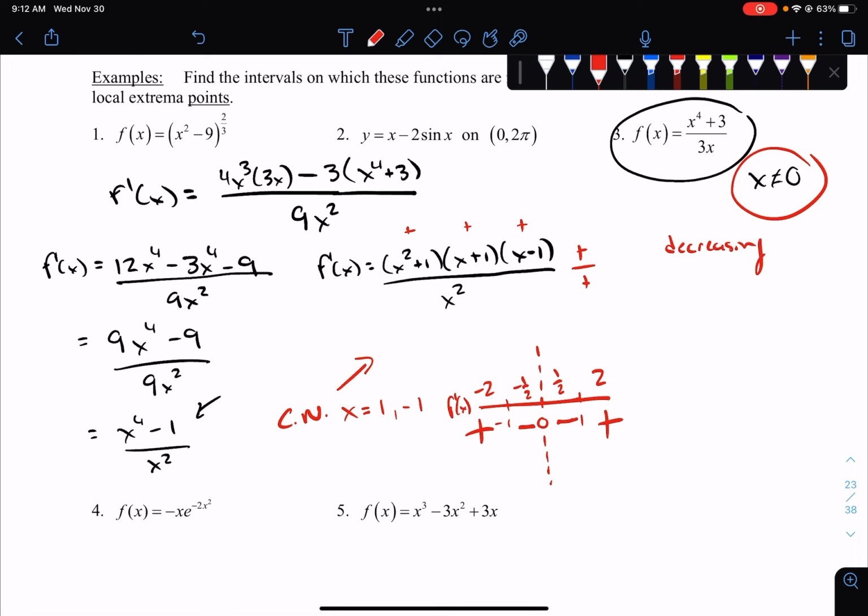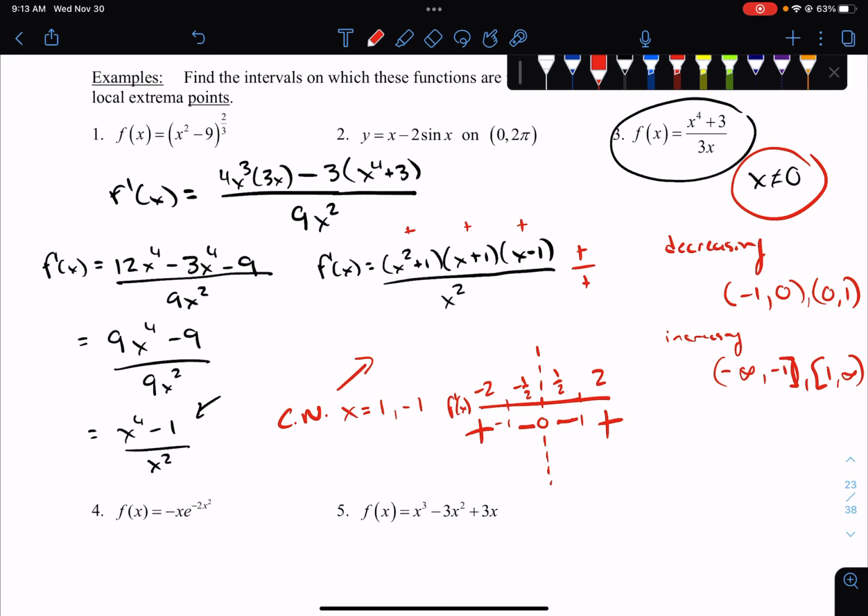So it's decreasing from -1 to 0 and from 0 to +1. My function is increasing from -infinity up until I hit -1, and from +1 to +infinity.